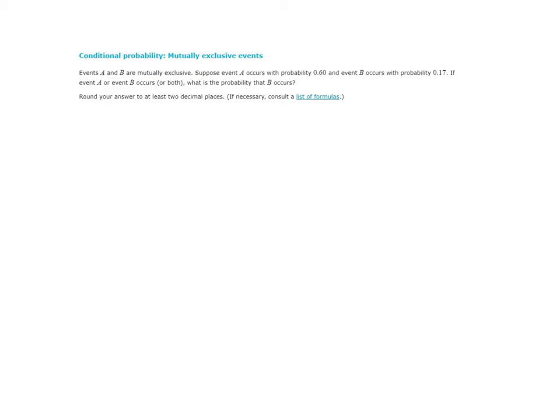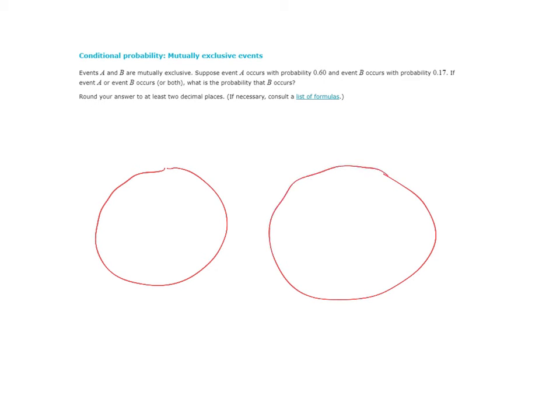All right, we got mutually exclusive events here. So remember what mutually exclusive looks like. Those events do not have any kind of overlap. Okay, those events right there are mutually exclusive. It says, suppose event A occurs with 60% probability. Event B occurs with 17% probability.